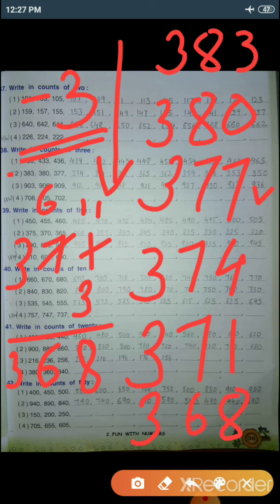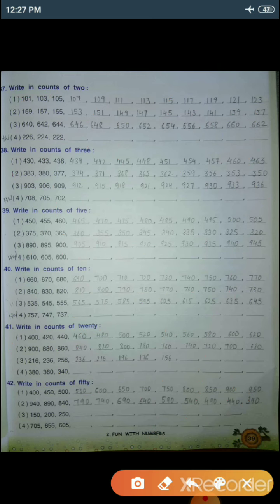Now with the help of continuing subtracting 3, you will get the next answers. So with the help of adding 3, you are going to calculate question number 3, and with the help of subtracting 3, the question number 4 you need to solve.